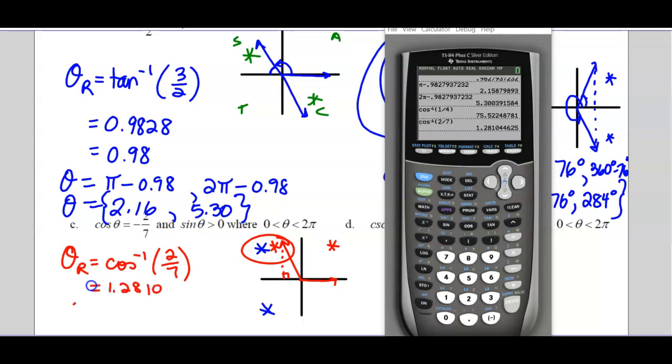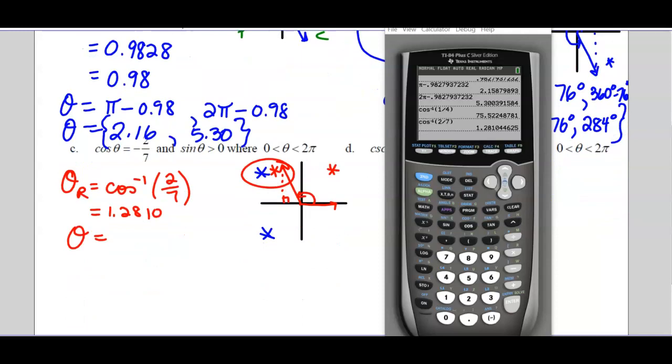Okay, so my theta is pi minus that. Pi minus that, 1.86.